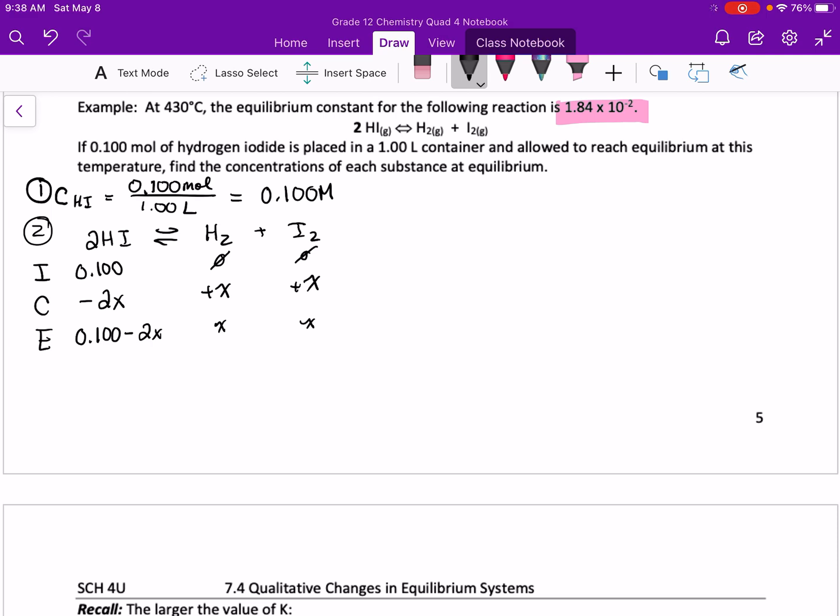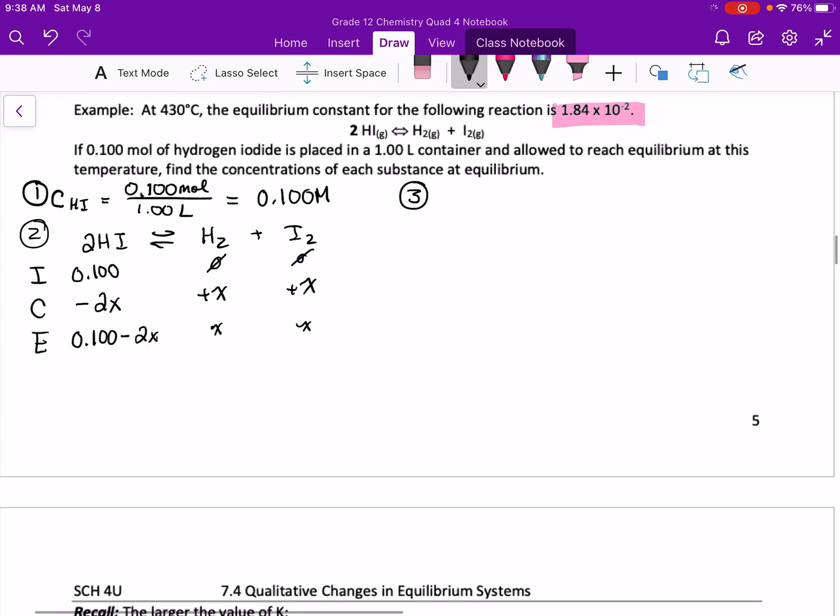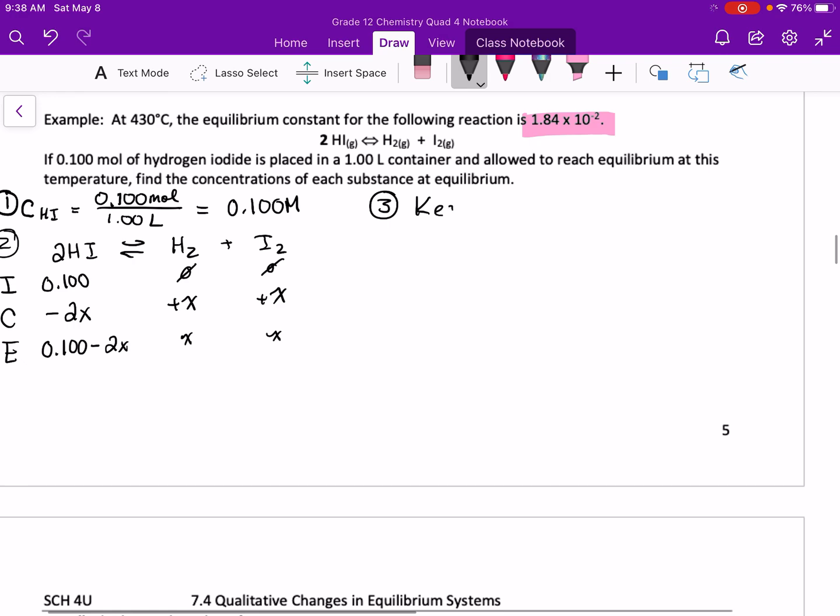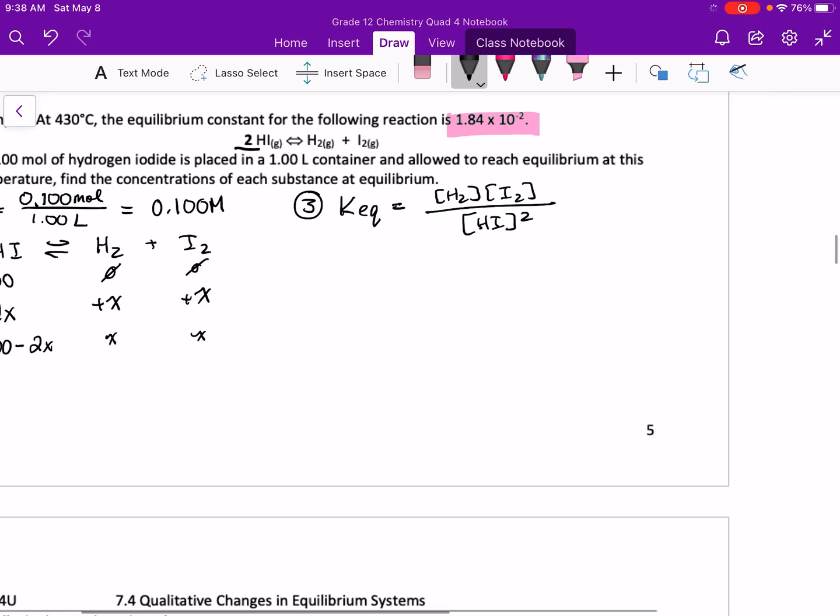I'm going to use this to set up my equilibrium constant law. So here I know that my KEQ is equal to my products divided by my reactant raised to the power of 2. Again, we have that coefficient of 2.